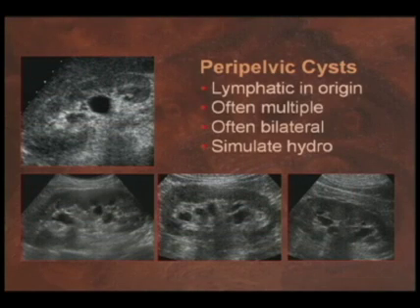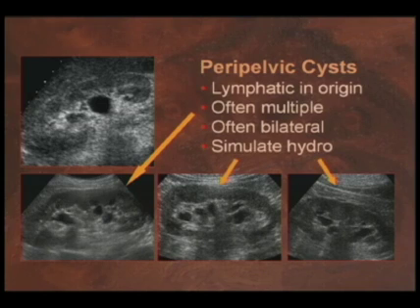Now, in general, we think about cysts as occurring in the cortex, but there is a subpopulation of cysts that occur in the peripelvic region. These are felt to be lymphatic in origin. They're usually solitary, but it's not uncommon for them to be multiple, as in this example. And they can be bilateral. When they become quite numerous, they can simulate hydronephrosis, as we see in these two examples.